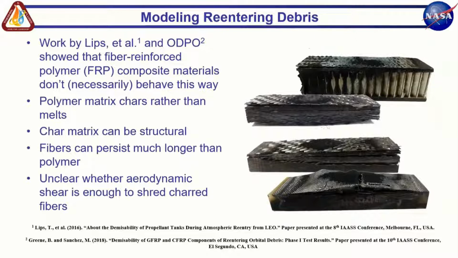The polymer matrix that holds the fibers together can char, and in many cases that char can be structural and can continue to hold the fibers together well past what we might consider the failure temperature of the material. And it is unclear whether the aerodynamic shear is enough to shred the fibers after the matrix has been charred.